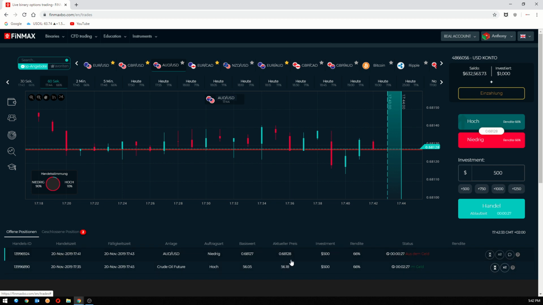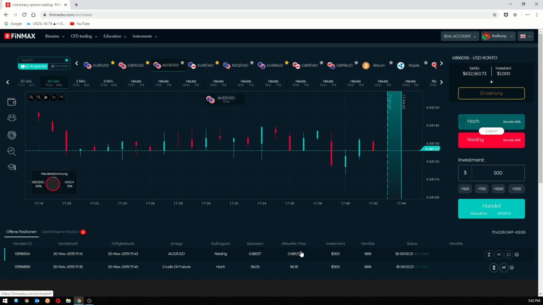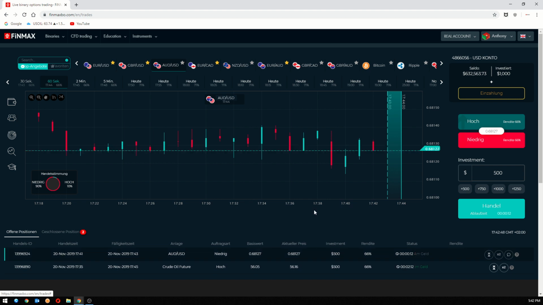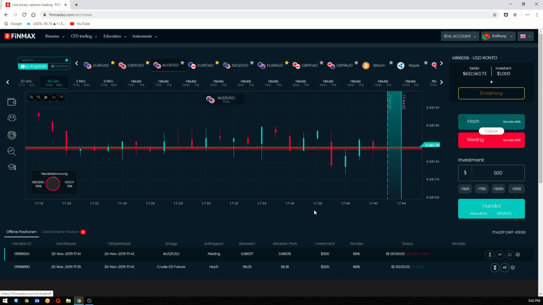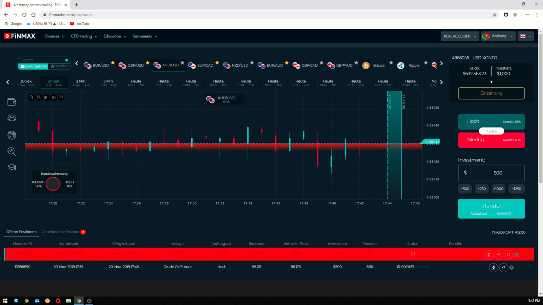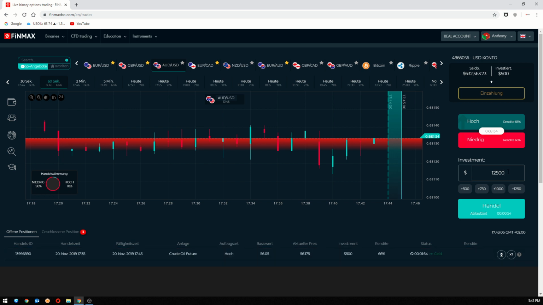We have 1 pip missing. Okay, we were very close to the profit at the moment. Okay, let us put 1200 for the same trade. Let us wait a little bit, so I will open after.